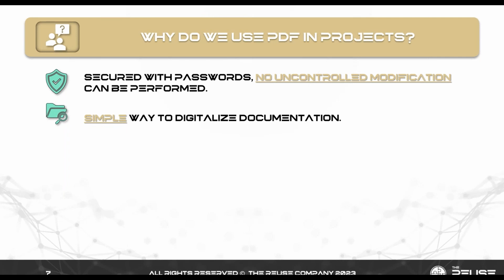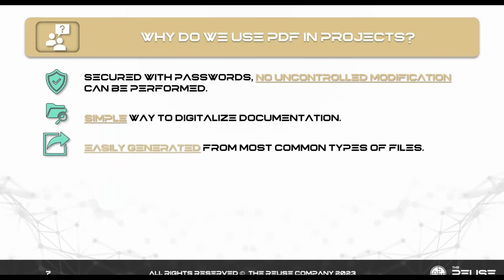You can just take a picture and generate a PDF document from it, for example, a physical document. And almost all the different tools that we use in today's society are capable of generating this type of file, right? Presentations, Word documents, even images themselves can be converted from any sort of tool.